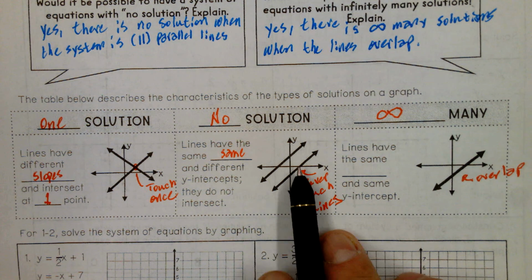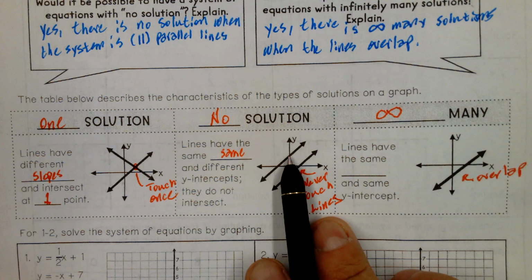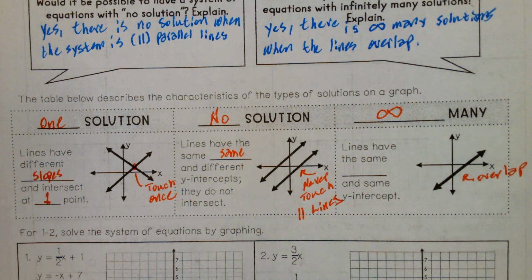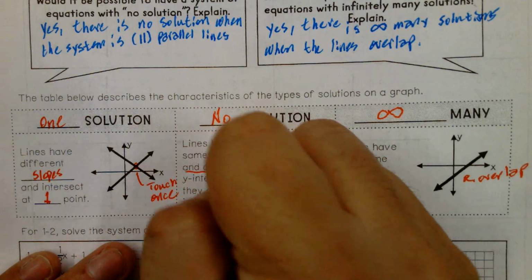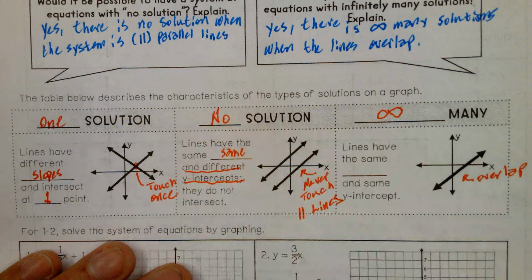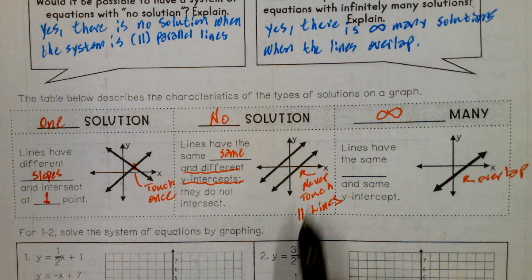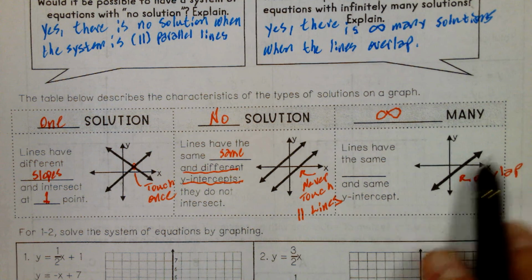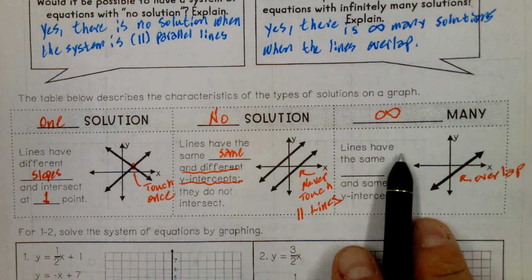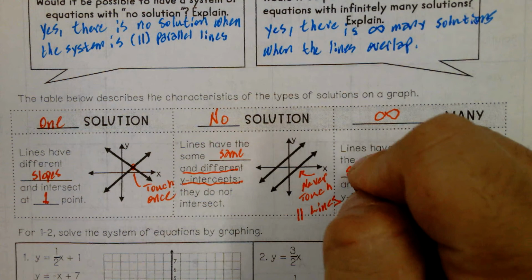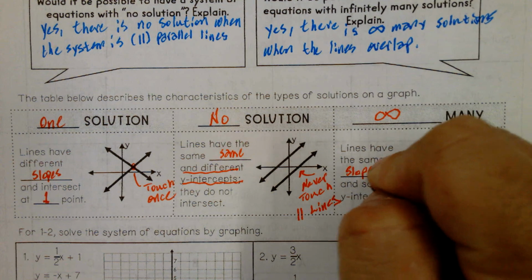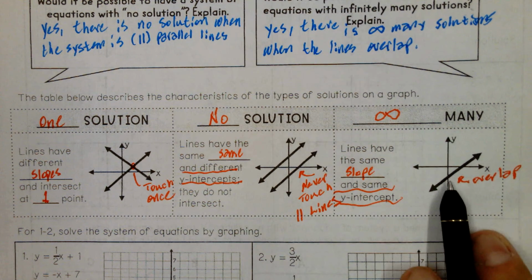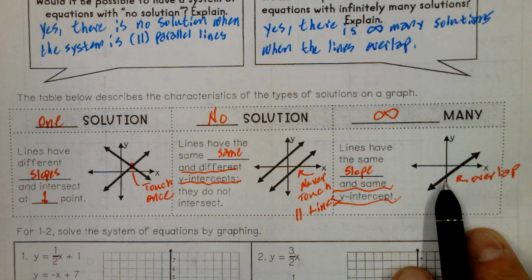This one is a negative number and the y-intercept here is a positive number. So if the slopes are the same and the y-intercepts are different, then they're going to be parallel lines, so no solution. Now for the lines to be overlapping, they have to have the same slope and the same y-intercept. You see, they both have this y-intercept here, whatever that is.